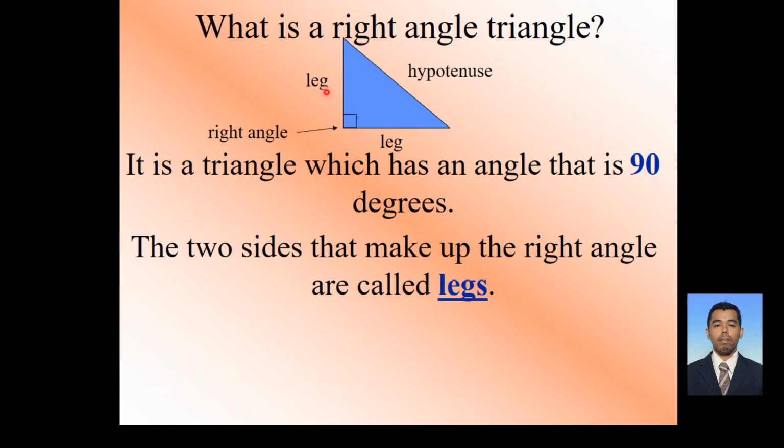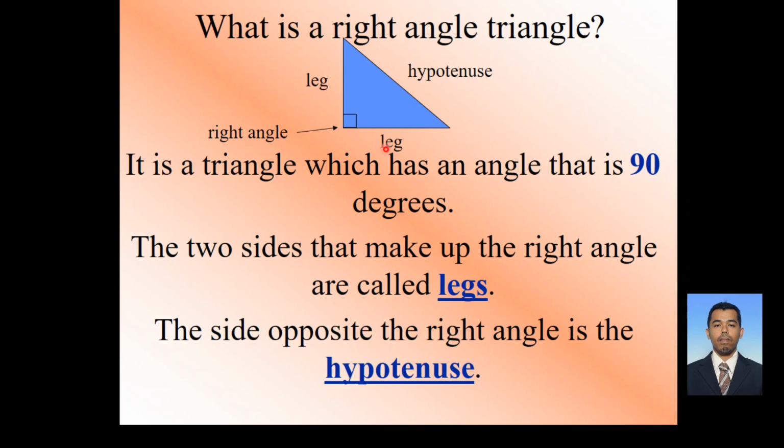This is leg number 1 and leg number 2. The side opposite of the right angle is called the hypotenuse. So this is the right angle, and the line opposite of the right angle is called the hypotenuse.